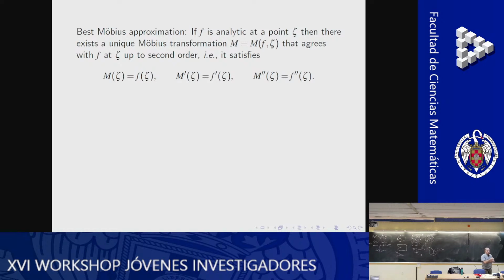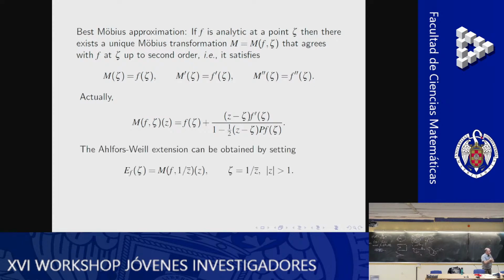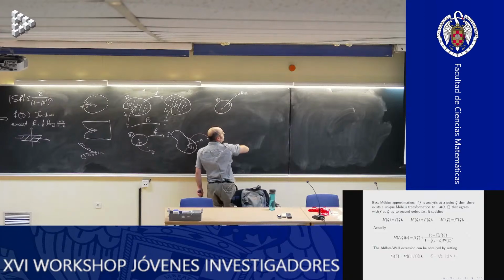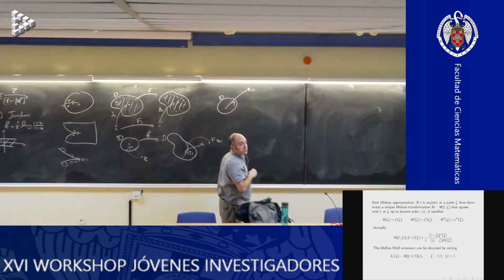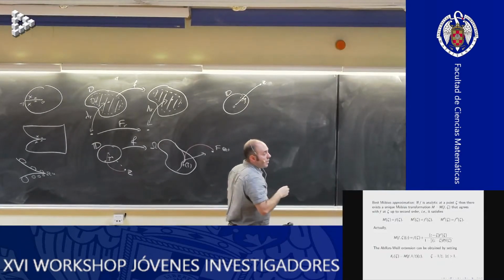Well, it's not too much work to actually write down this Möbius transformation. It's this. And now, the Ahlfors-Weill extension can be given as follows. Once again, I have the point outside of the unit disk. With an inversion, I'm taking it inside. And now, close to this zeta, I do the Möbius approximation.